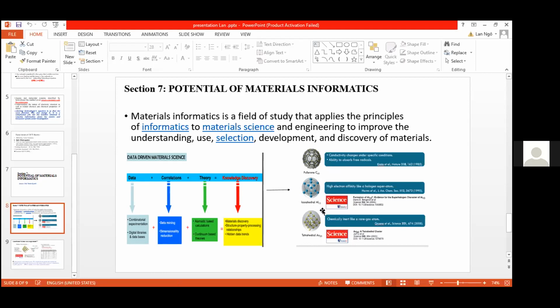Pyramids, Au20, and especially the tetrahedron Au20 can be synthesized by chemical means. Yeah, and it's considered as a superatom.